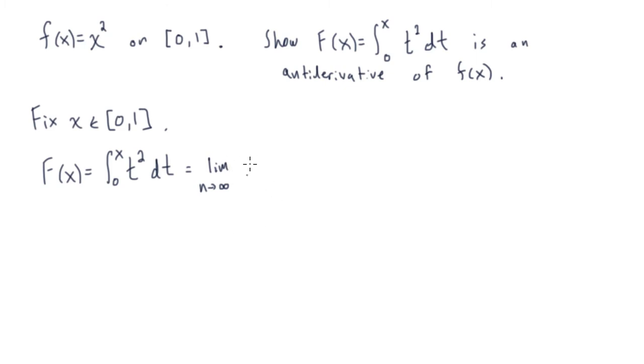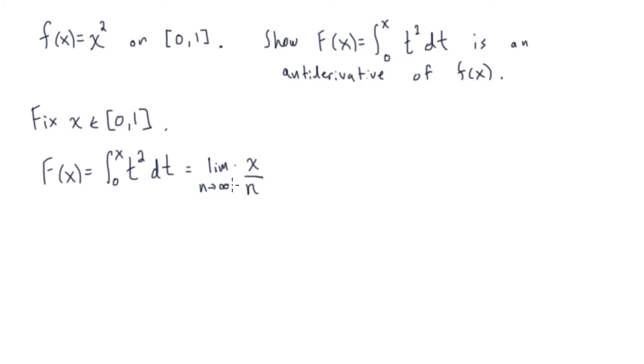And now, what is the width of each one of those bases? Well, I'm just going to take the length of my interval. I'm finding the area over 0 to x, so that's just length x, and I'm going to partition it into n equal parts.